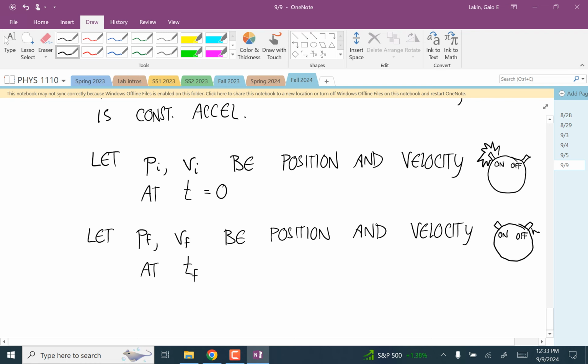The second one is when you click the stopwatch off. And now someone's thinking, well, actually that other button for the stopwatch is to reset it, but let's pretend that this is how they build stopwatches. Then here are the three constant acceleration equations.